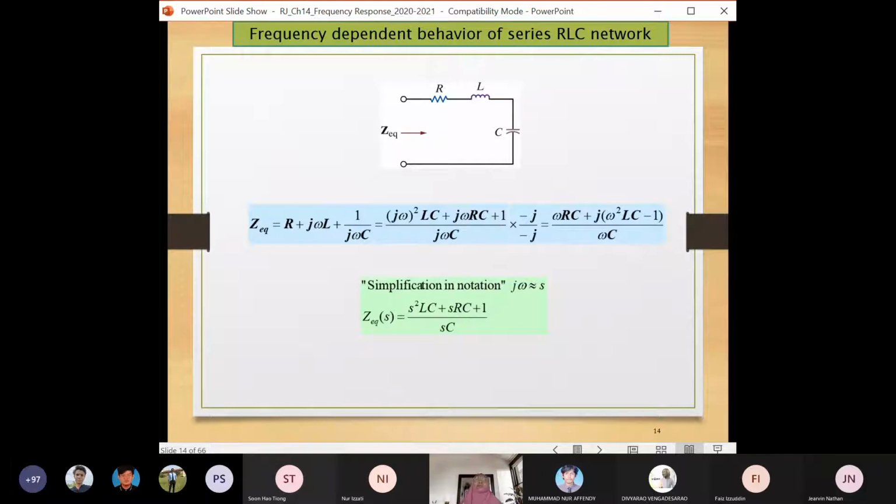Because we want to represent it as a transfer function, and when you see J omega, you replace it with S, so that the impedance of the system Z(S) is equal to S squared LC plus SRC plus 1, divided by SC. So in this case, the equation looks nicer, no more J, no more omega, but actually they are the same.